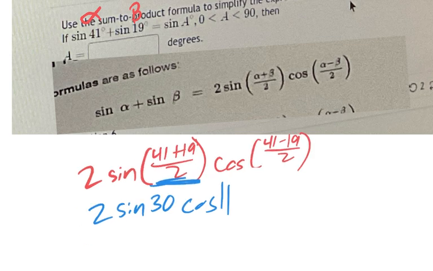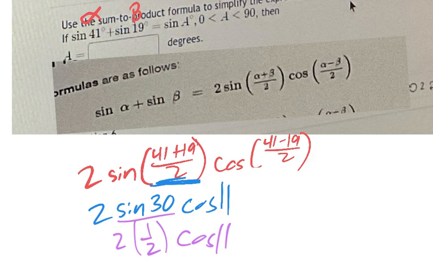You follow what I'm doing so far? So that's 60 divided by 2, and the other one's 22 divided by 2, so that's where we got 30 and 11. I know sine of 30 is 1/2. So I've got 1/2 times 2 times cosine of 11. 2 times 1/2 is 1.